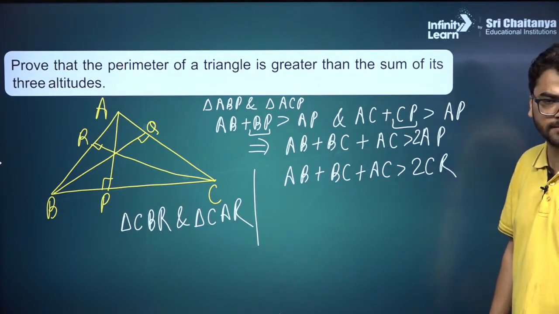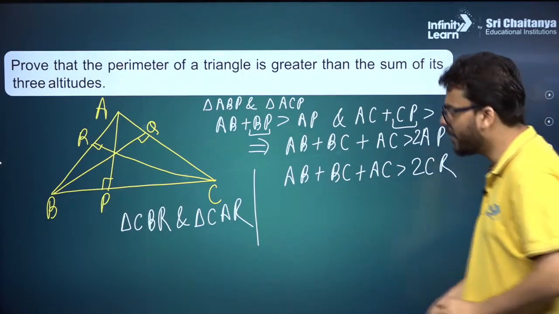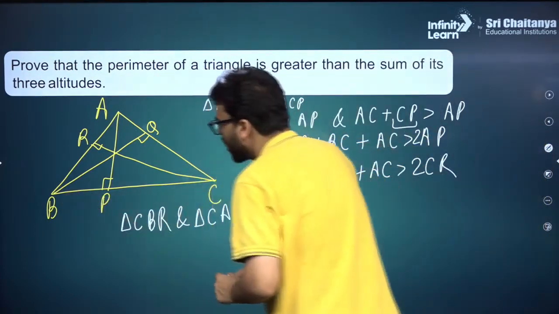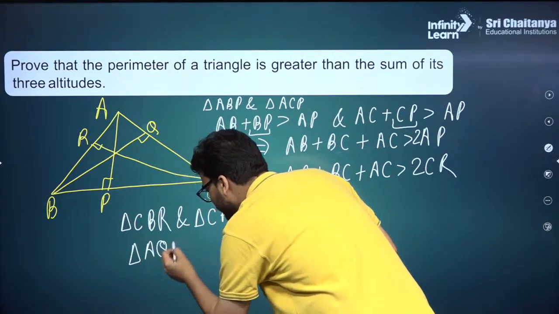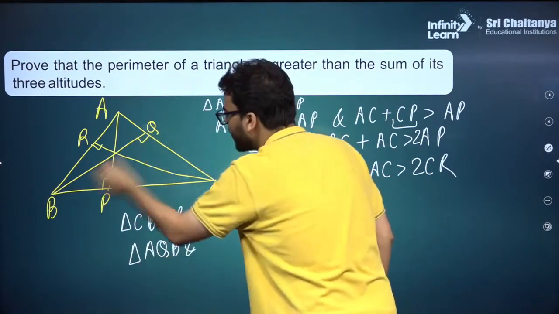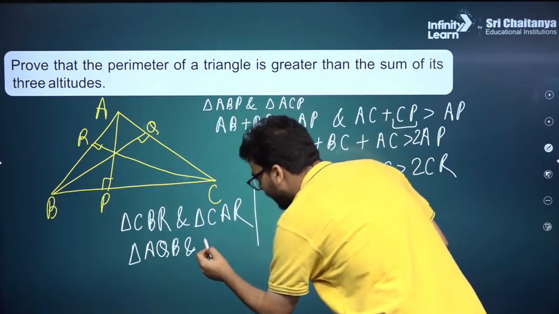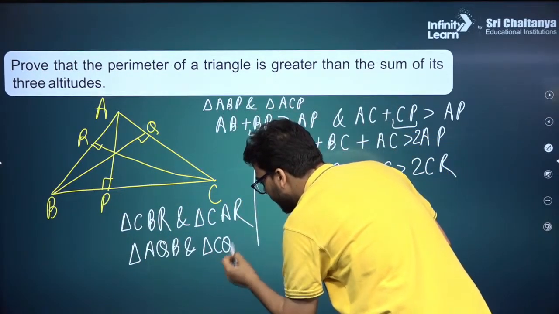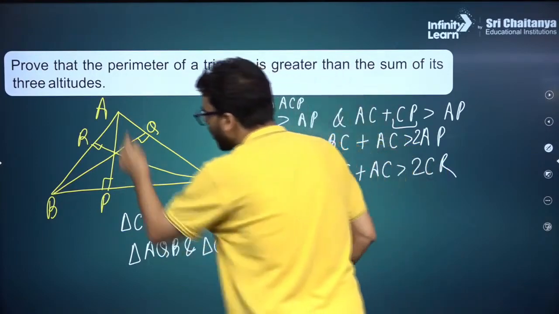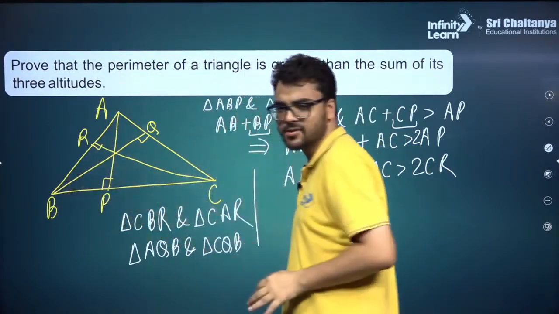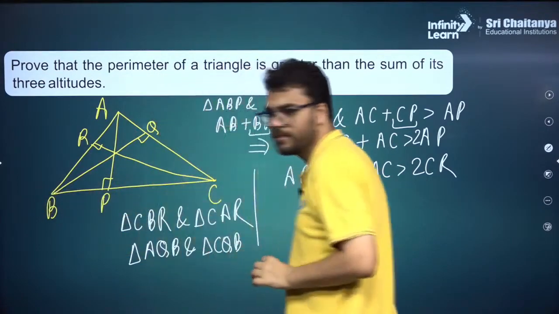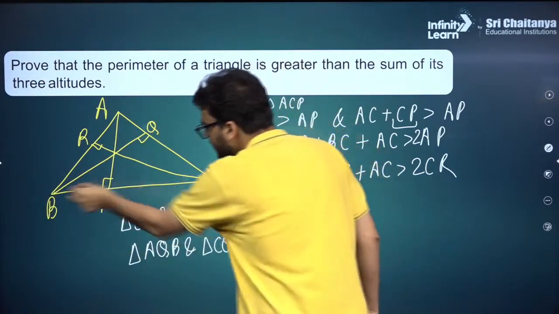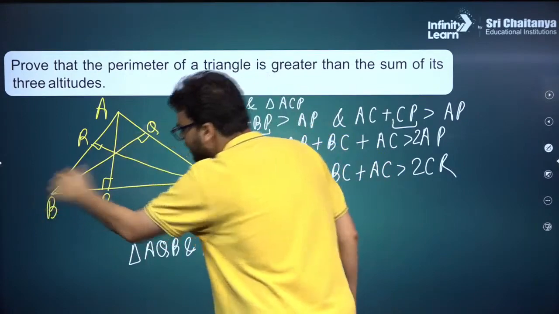In the same manner, if I talk about triangles AQB and CQB, in triangle AQB I can write AB plus AQ is greater than BQ, and I can write CB plus CQ is greater than BQ.